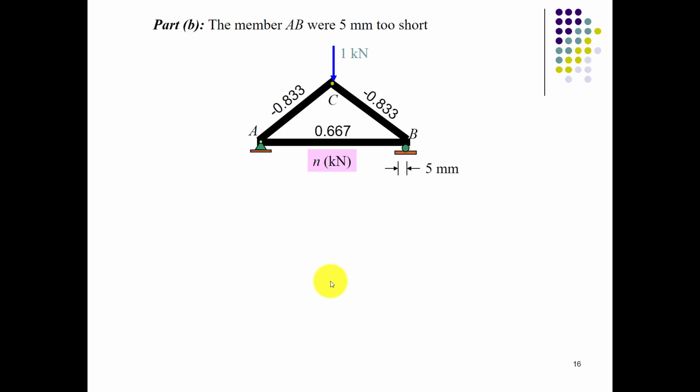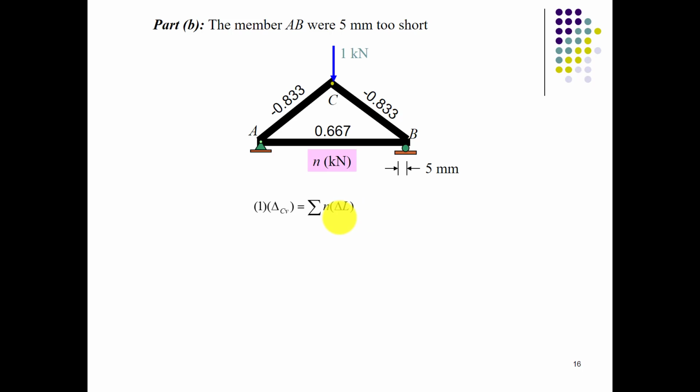So in case there is a fabrication error, there is some change in length, 5 millimeter change in length, you can determine the amount of deflection at point C. So in this case, you have a formula of sigma small n into L. Small n is the response of each element by the application of a virtual load, and L is the change in length.